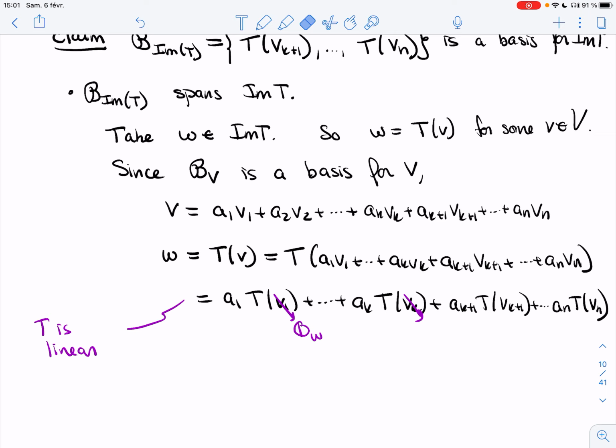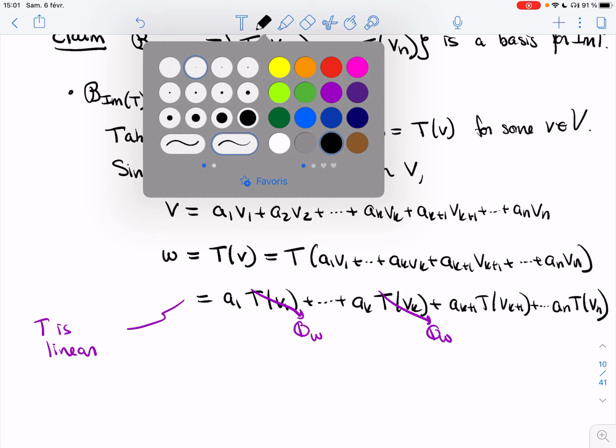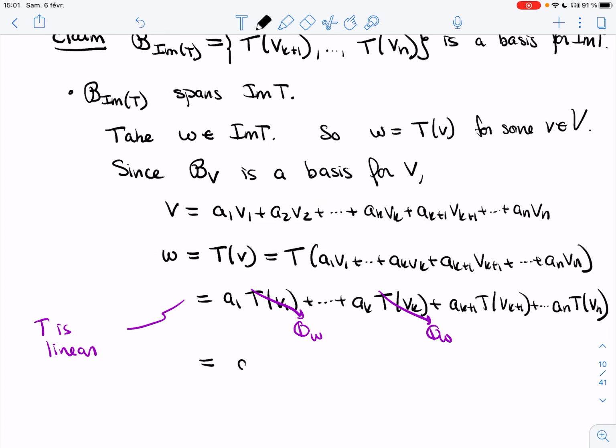I meant for the whole thing. This gives you 0. And so the whole start of this disappears, and I end up needing only the elements from v(k+1) to vn.